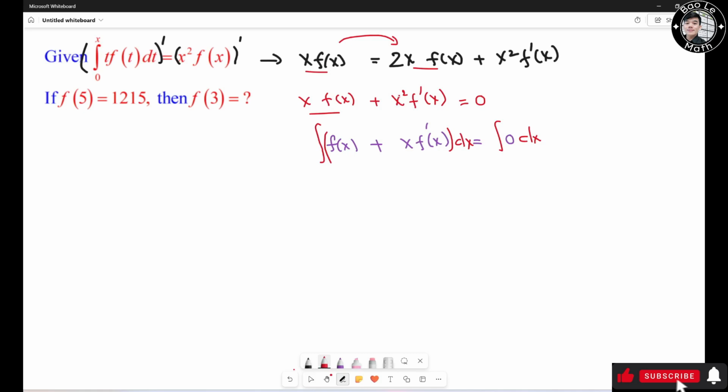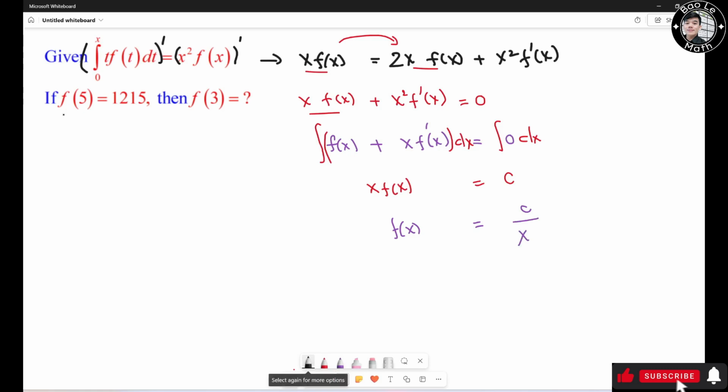And then this turns out to be s f of s, right? This turns out to be a constant c, right? So f of s equals c over s, right?